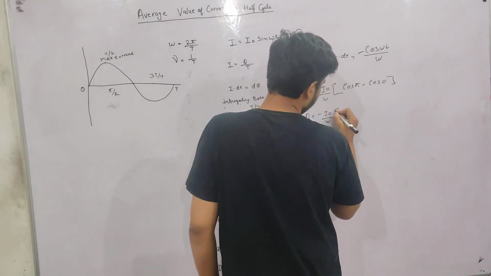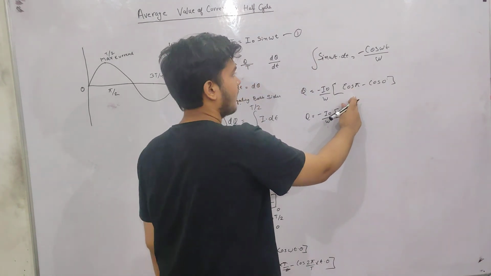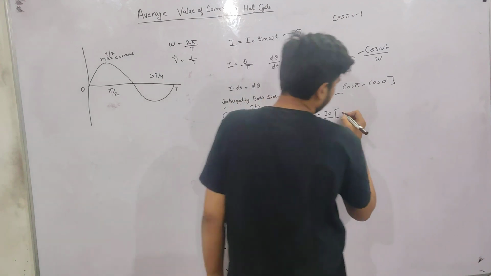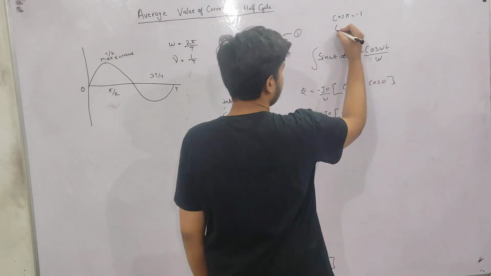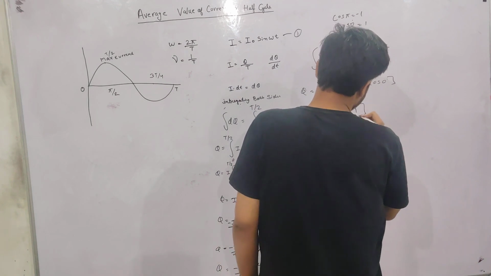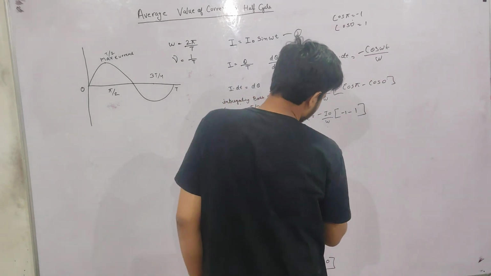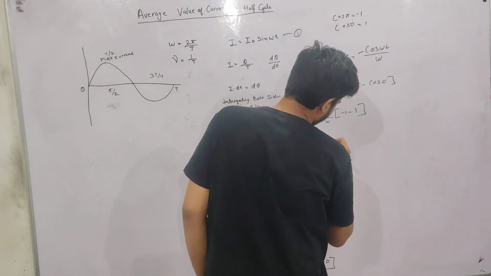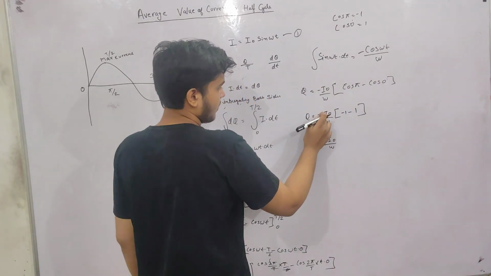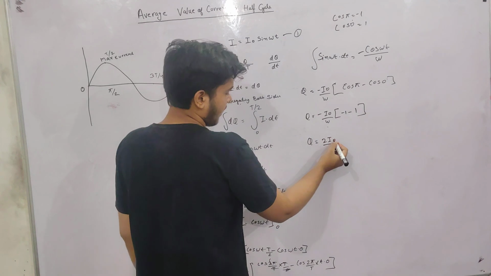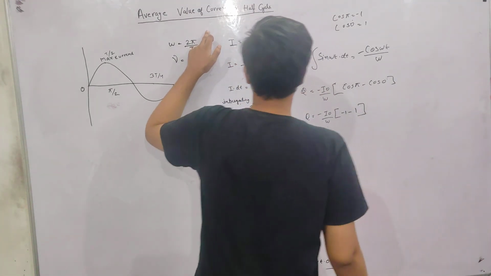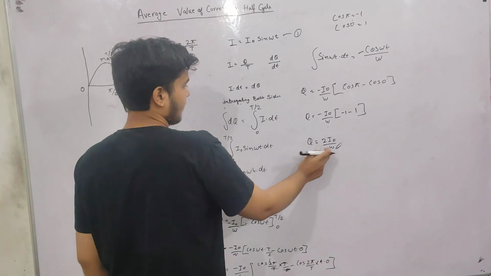Cos 180 degree, the value of cos pi, is minus 1, and the value of cos 0 is 1. So minus 1 minus 1 gives minus 2, and with the outer minus, q equals 2 I naught by omega, which is the charge in the circuit over half cycle.